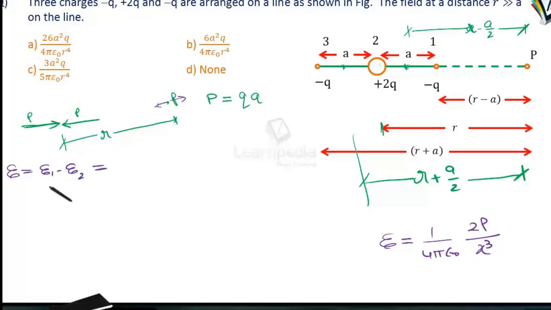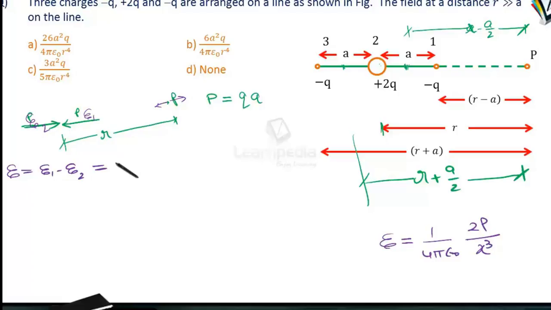So in case of this E1, the distance is r plus a by 2, and for this one the distance is r minus a by 2. So the field of this dipole will be bigger than this because this particular dipole is nearer to this point. Let us assume E1 is the electric field of this dipole and E2 is the electric field due to this dipole.